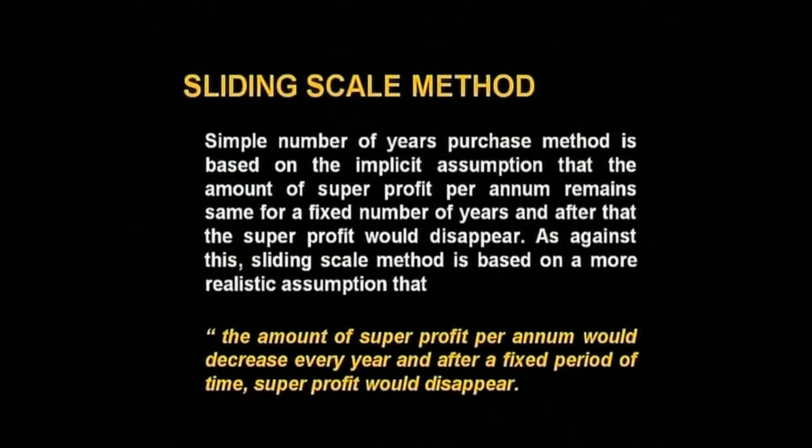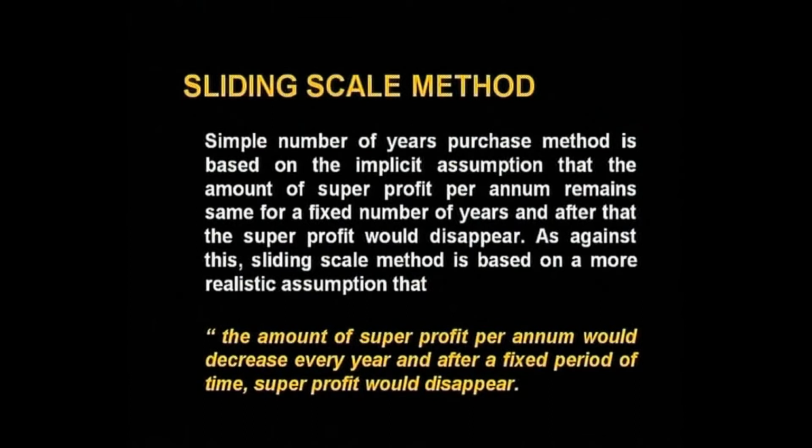As against this, the sliding scale method is based on a more realistic assumption that the amount of super profit per annum would decrease every year, and after a fixed period of time super profit would disappear.